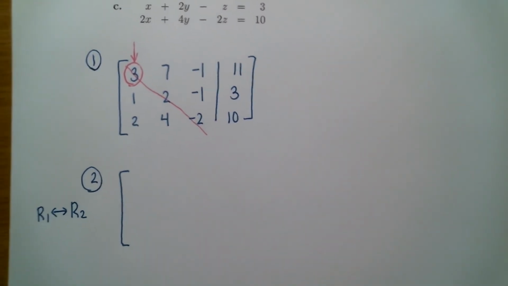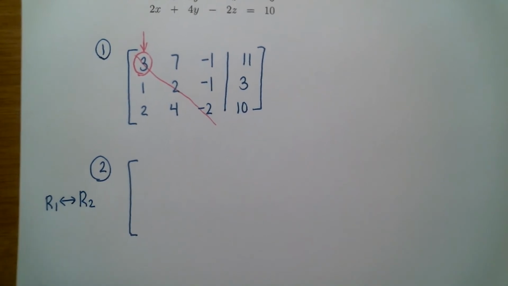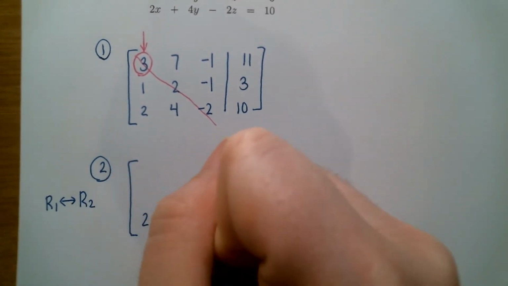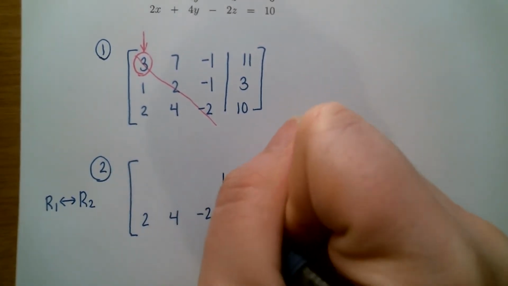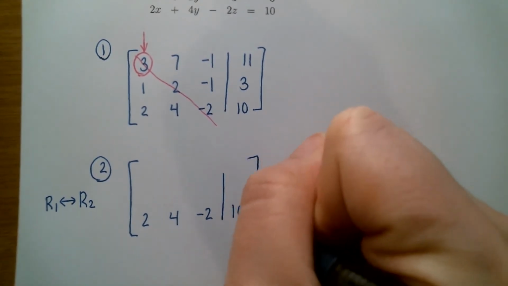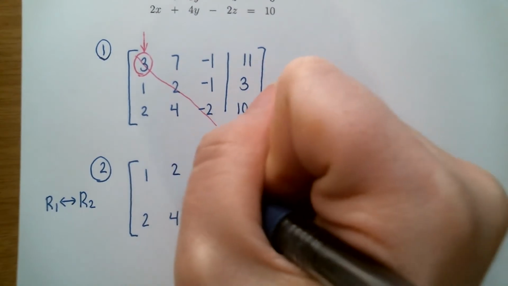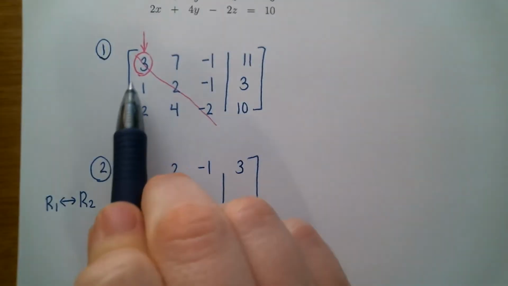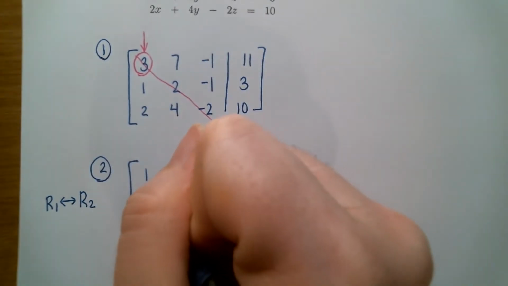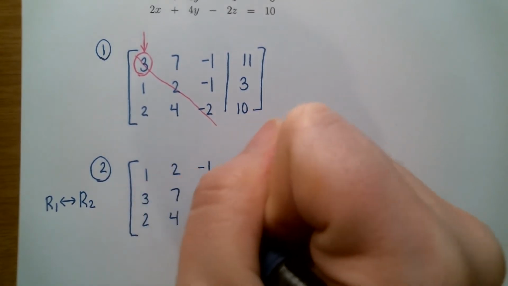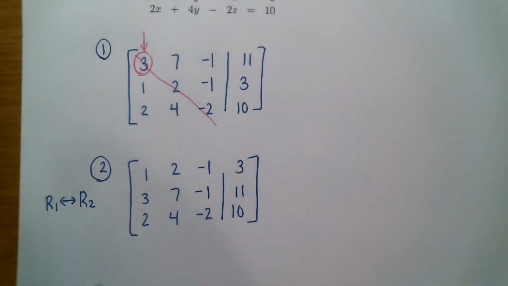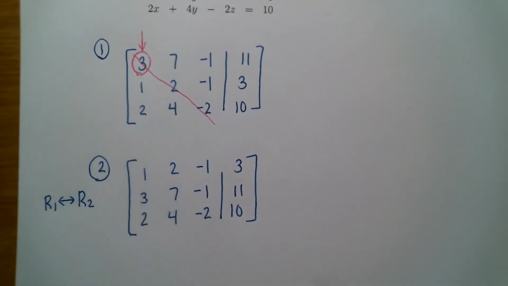So that's our shorthand notation. Row 3 is not involved in this process, so it will stay the same. Row 2 will become row 1, and the current row 1 will become the new row 2. All right, and so now we've got a 1 on the principal diagonal there.